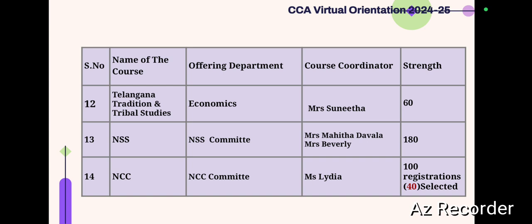Then we have the NCC course, for which Miss Lydia from Computer Science is the course coordinator. For the NCC registration process, 100 students are going to enroll through the Google form, but all the registered students have to go through an official selection process, and only 40 students will be selected out of the 100 enrolled students.